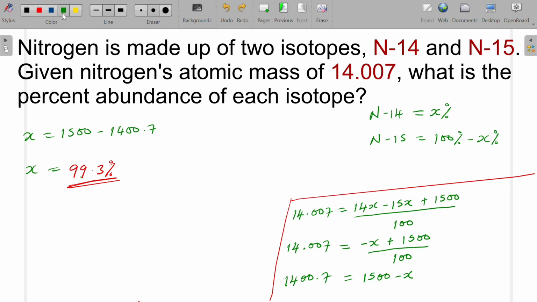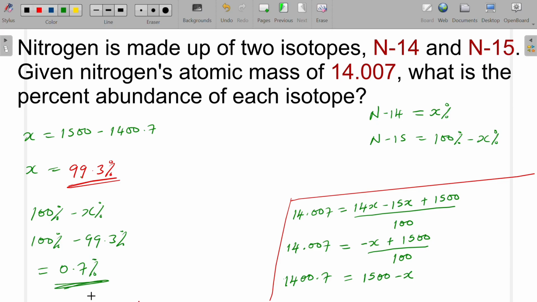All we have to do now to get nitrogen 15 is say 100% minus x%. And then this will be 100% minus 99.3%, and according to my calculator, I'm getting 0.7%.